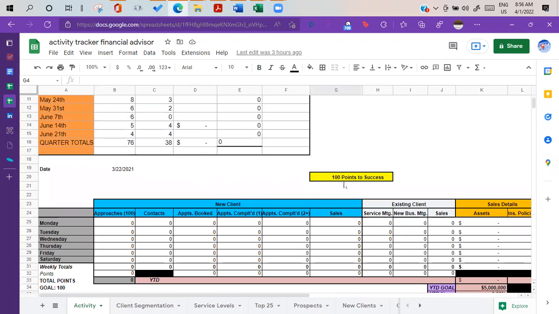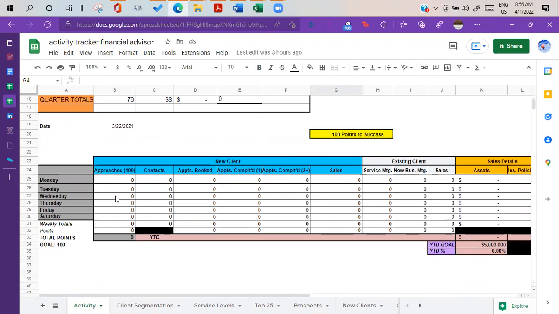But the other thing you might want to track is your 100 points. This guy put up 100 points to success, and it was the basis of these, roughly a point. And he put a game out of it. I think it was Tom, oh, what's his name? I forget his name offhand now, but he wrote a book on how to sell financial services and how to sell real estate.